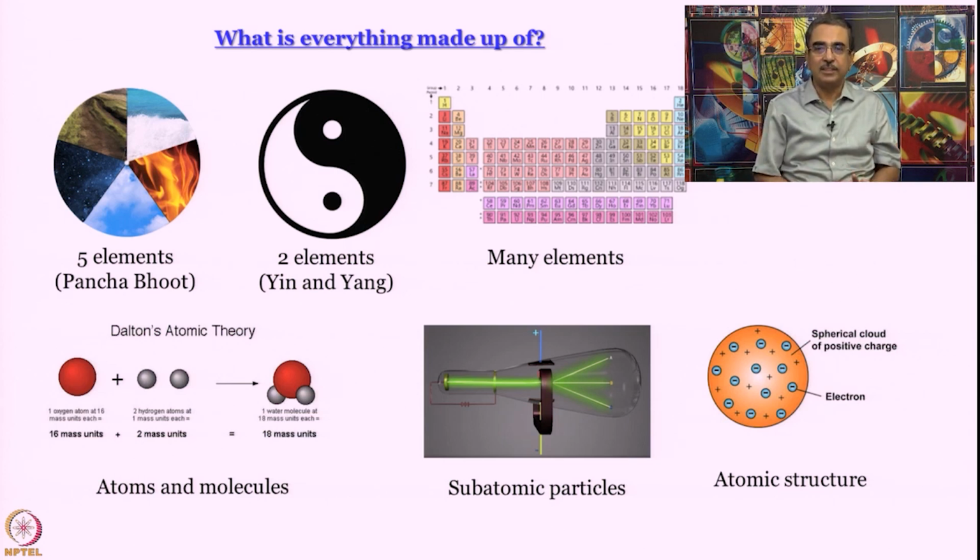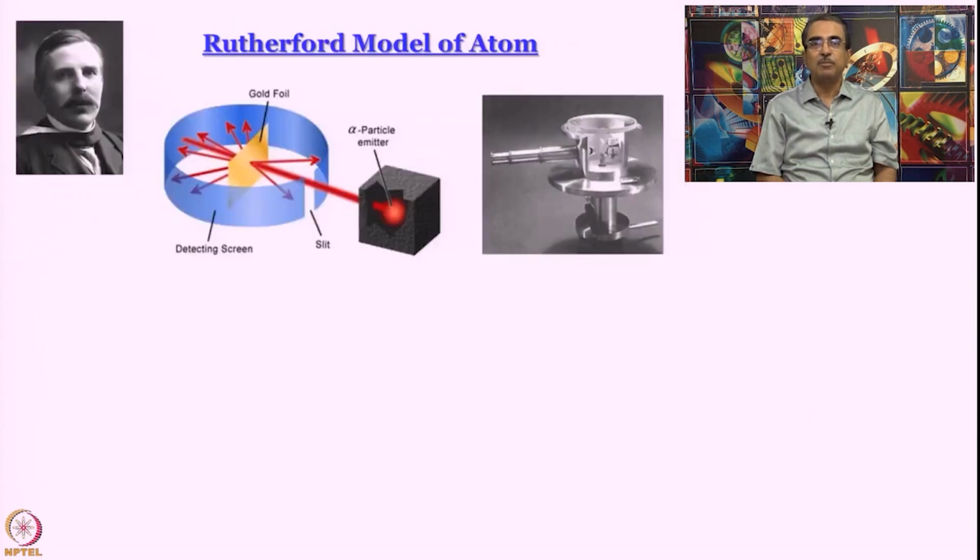But all this mostly was a philosophical discussion, except for the periodic table, subatomic particles, Dalton's atomic theory, these things. The first very important experiment, in my opinion, that came towards unraveling the structure within an atom was performed by a student of Rutherford, actually his name was Marsden.